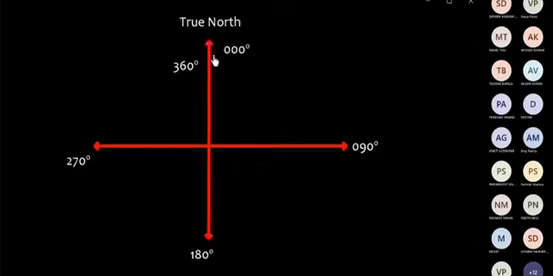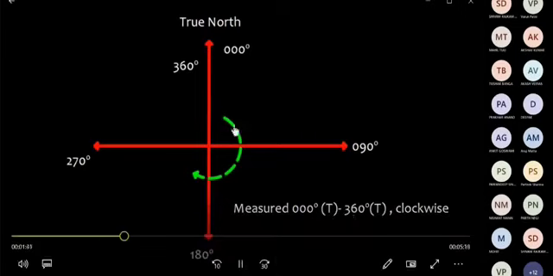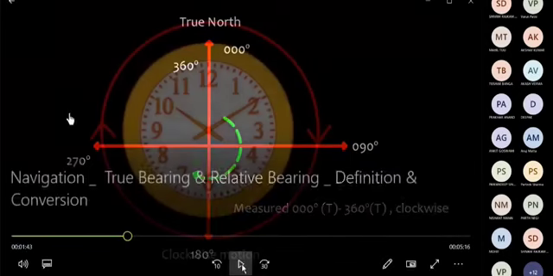So this is 000 degree, that is true north. This is 090 degree. This is 180 degree. This is 270 degree. And this is 360 degree, which is again 000 degree. So we can say that bearings are measured from 000 to 360 degree, but in a clockwise direction.